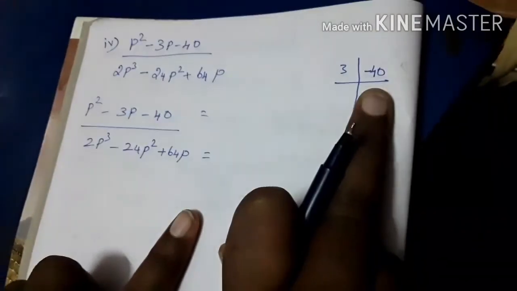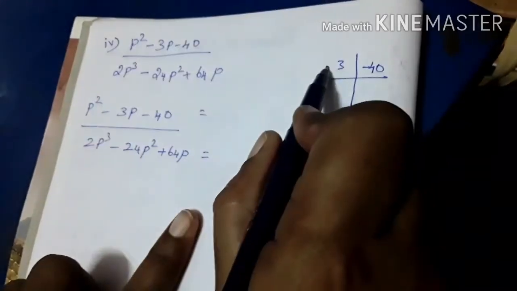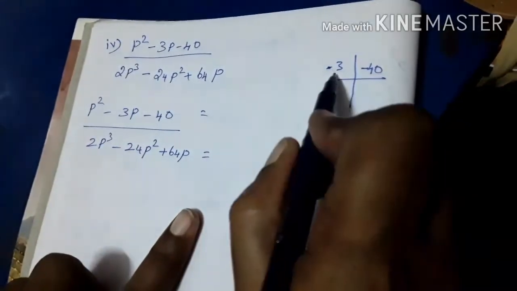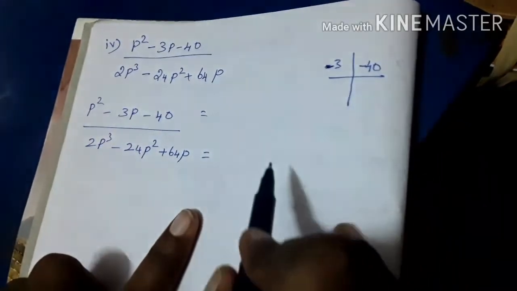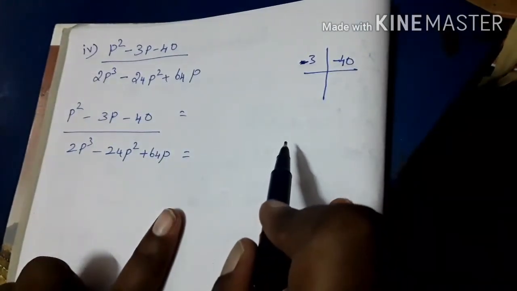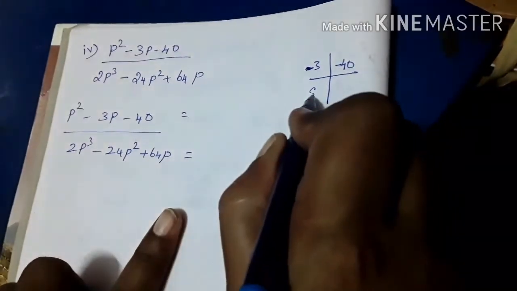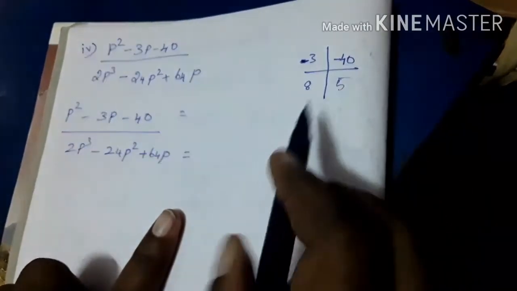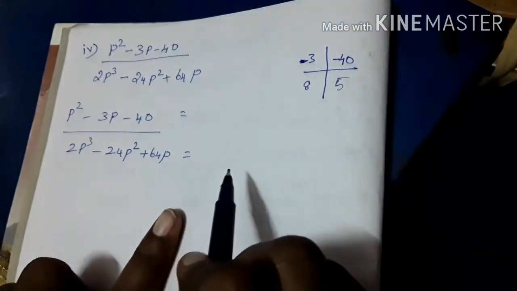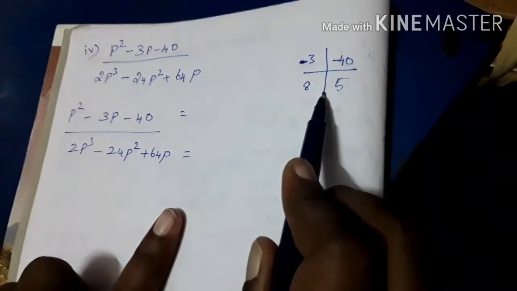If we want the product, we want minus 40. Sum means we want minus 3. So what are the factors of 40? Yes, 10 4s are 40, 8 5s are 40. In that, the one which gives 3 is possible only with 8 5s are 40. We want minus 40, so only one number we can put minus.